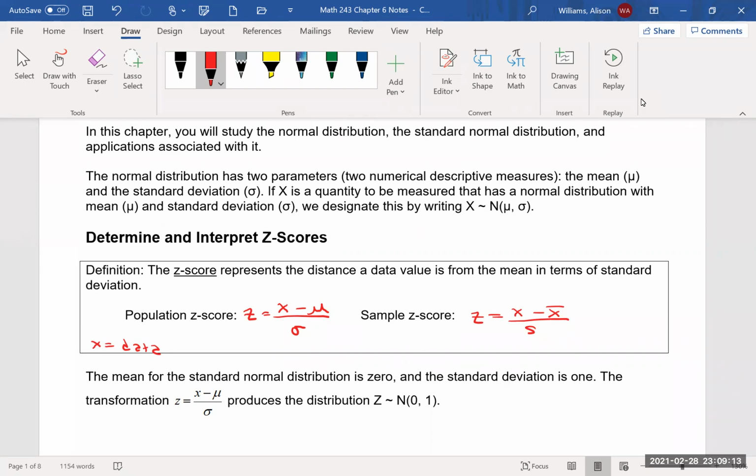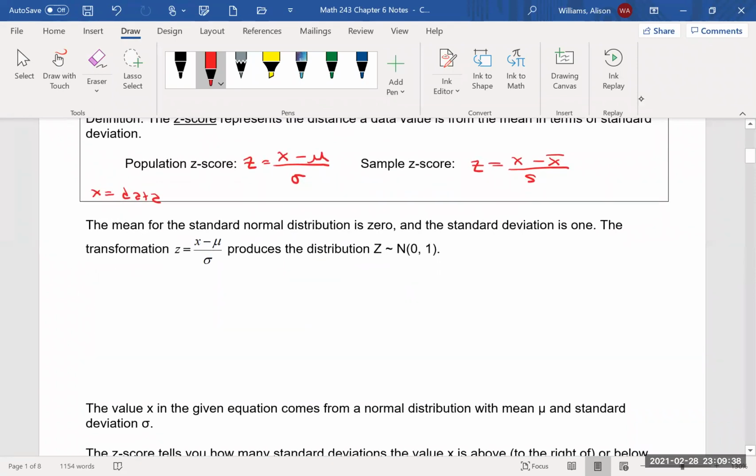All right, so let's come back to the standard normal distribution. This is when the mean is 0 and the standard deviation is 1, which basically means every value we're looking at is a z-score. So it's thinking of the normal distribution in terms of z-scores.